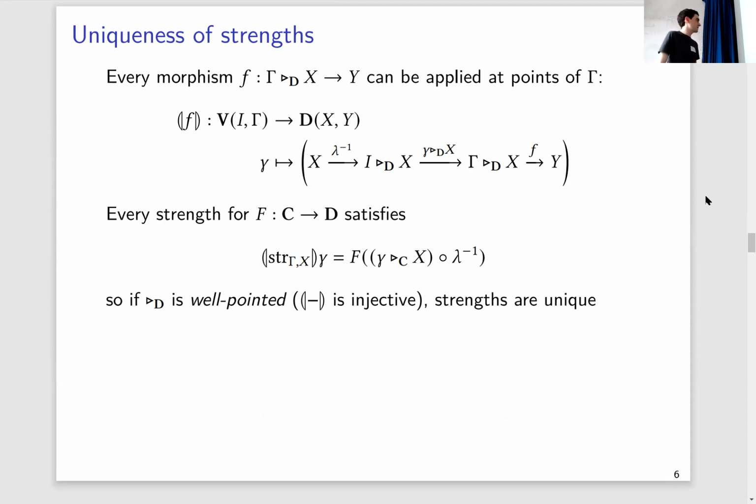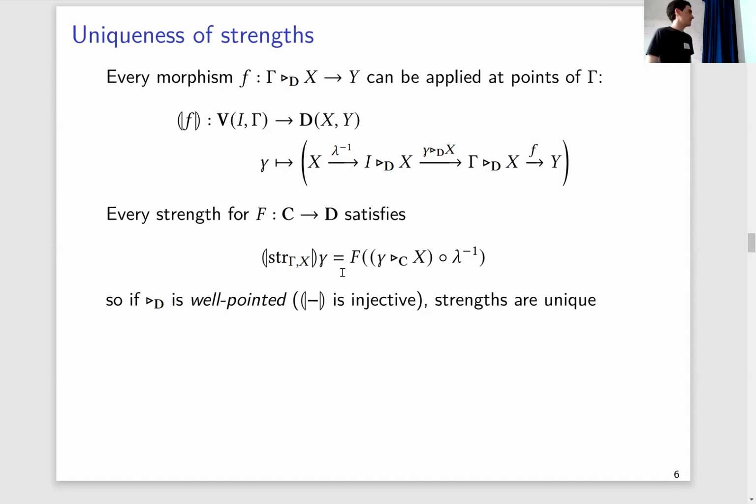A point of gamma is just a morphism from I to gamma. And given any one of these morphisms, we get a morphism from X to Y. And in fact, because of the laws our strength has to satisfy, we can say exactly what it must do on points of gamma. It must satisfy this equation. So it's completely determined on points of gamma.